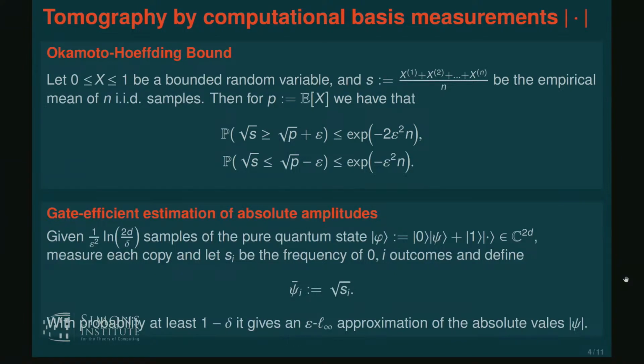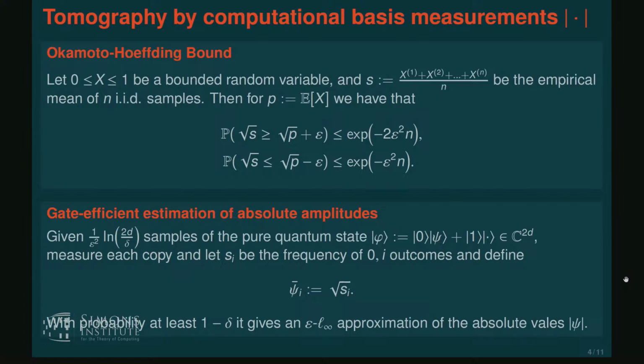And S_i denotes the frequency of measuring 0i, so the first qubit measured being 0, and the key part of the state has index i. S_i is just the frequency of such measurement outcomes, and your estimator will be just the square root of this S_i number.